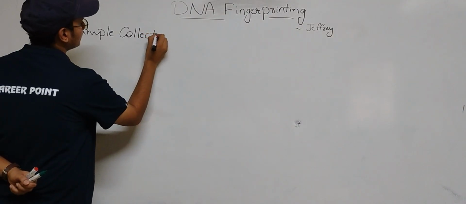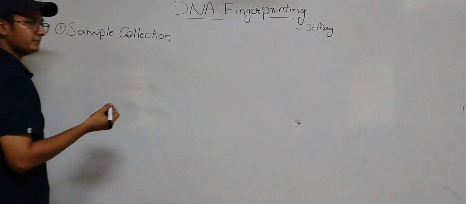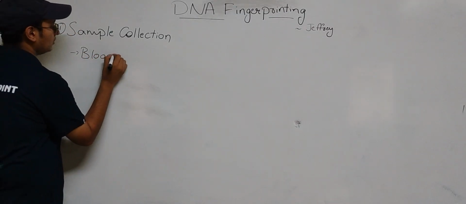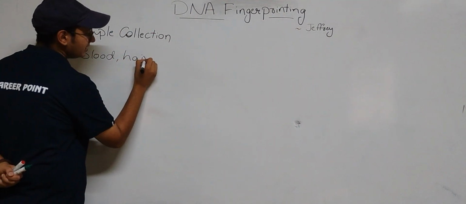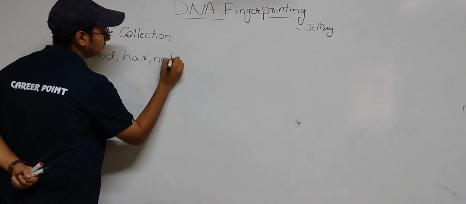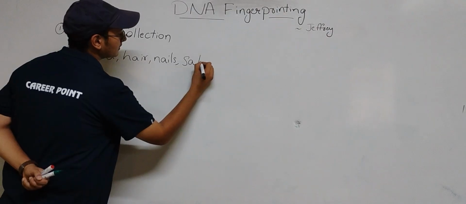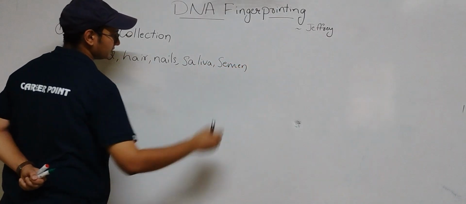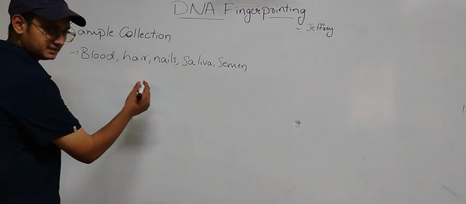So the first step is sample collection. They might be anything. They might be a blood drop, or they might be hair, nails, or saliva, or semen, etc. Now we have collected the samples.